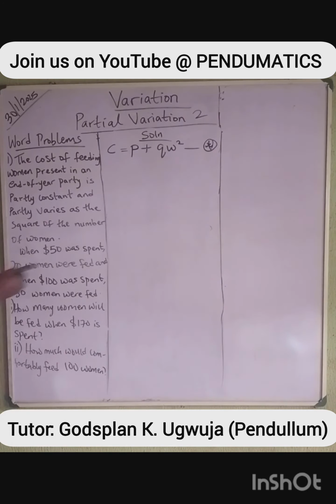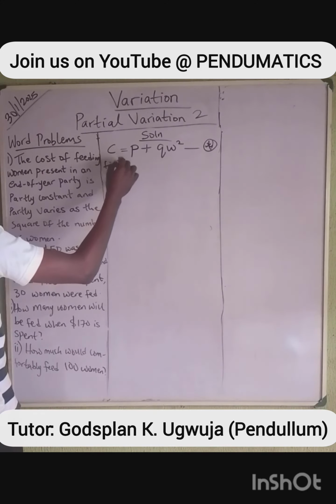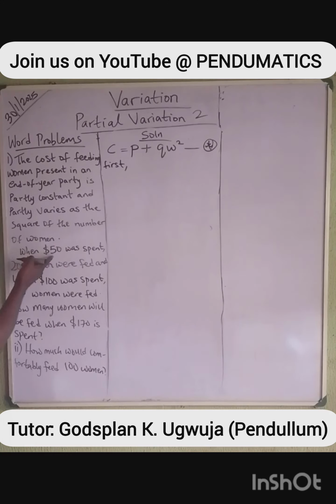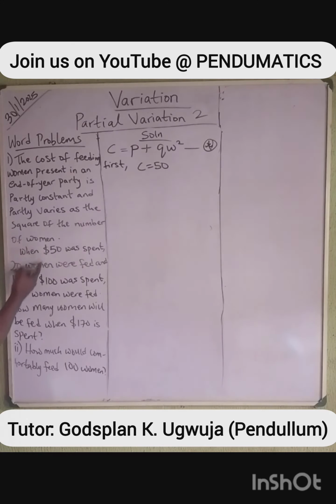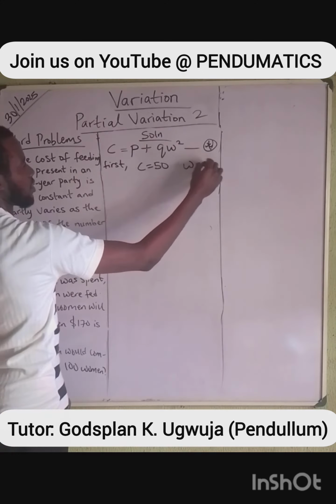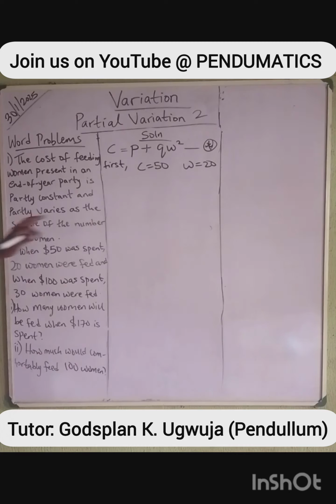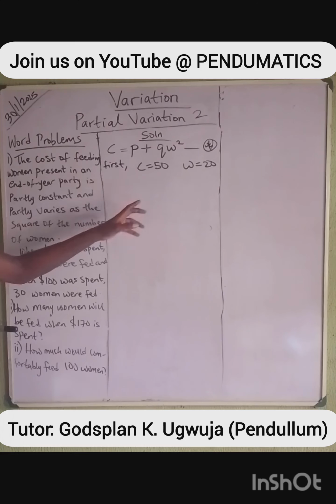All right, now we are not given values. First, they told us that when C is 50, when the cost is $50, 20 women were fed. So let's substitute this into this equation. I told you, I think if you watch the video on joint variation, I specified this: forget the length of the question, forget the grammar in the question, just pick out what you need to solve with and translate it into mathematics.